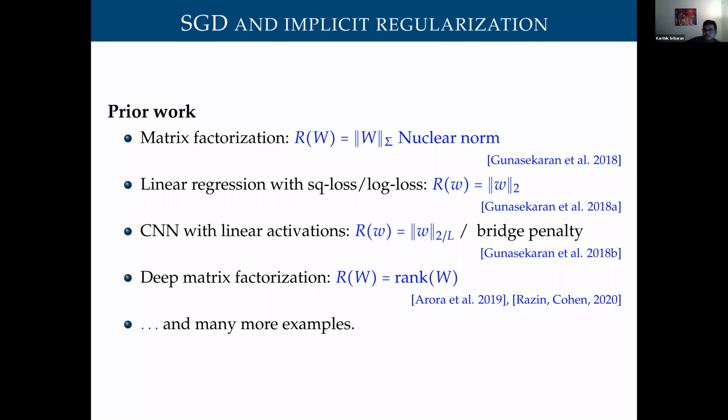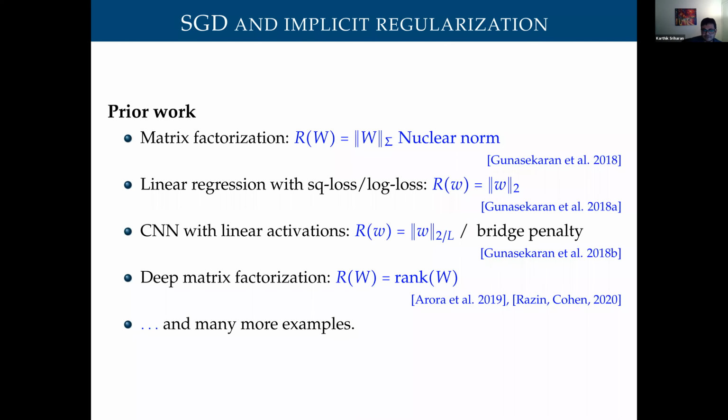The first one shows that matrix factorization has the nuclear norm as its implicit regularizer when you use SGD to train it. The second one is for linear regression with either squared loss or logistic loss, and here again you can show that it's the L2 regularization and so on. The fourth one is interesting because it's a rank rather than a norm.